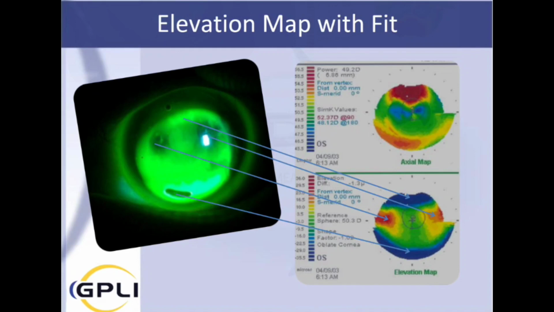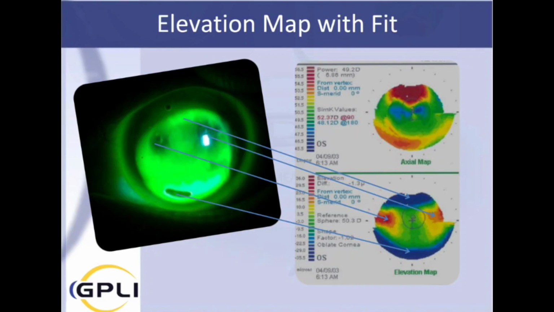These high areas correspond to the areas of touch underneath the contact lens. The elevation map also shows low areas in the superior and inferior regions, and this corresponds to the areas where the bubbles are seen on the contact lens fit. This map demonstrates that flat areas can be high and steep areas can be low.